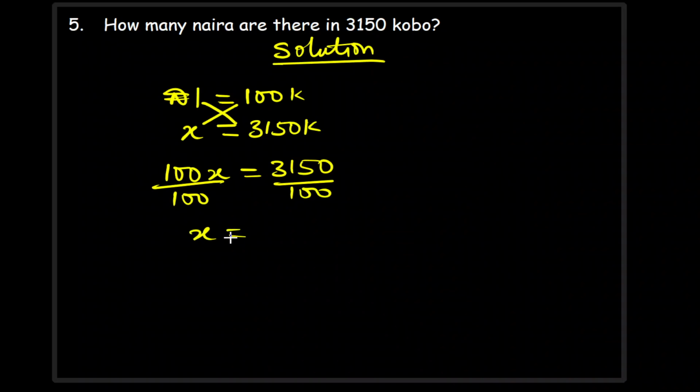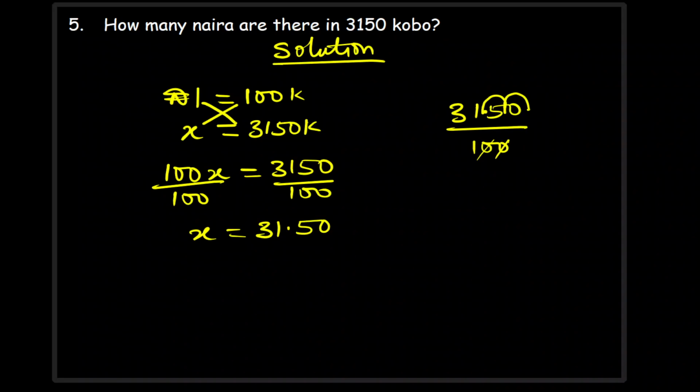So x is equal to, 100 is a power of 10, and when you are dividing by a power of 10, we did this under the basic mathematics series, it's two zeros, so you shift the point from where it is backward two times, and that will give us 31.50, which is 31 naira 50 kobo.